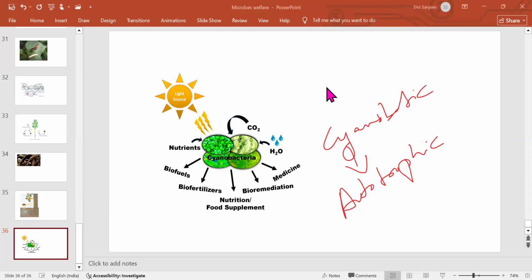Some examples are Anabaena and Nostoc. These are the basic examples of cyanobacteria.